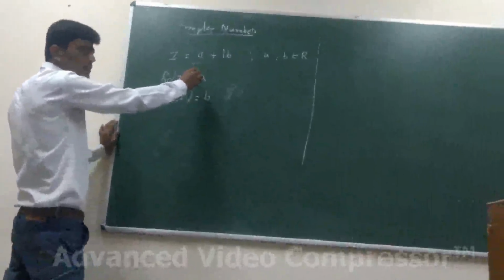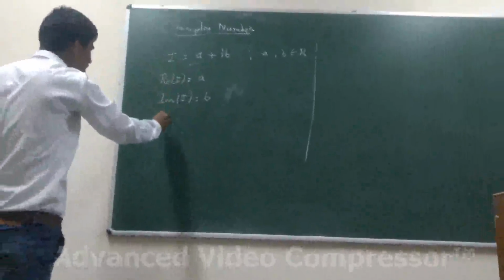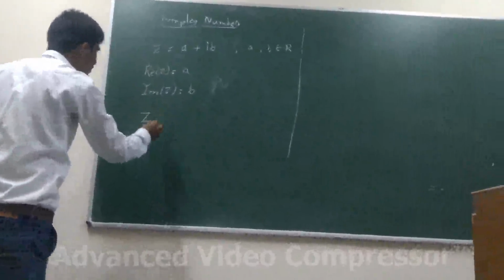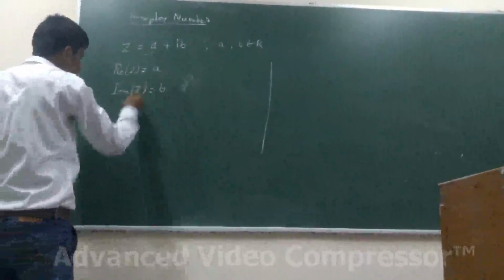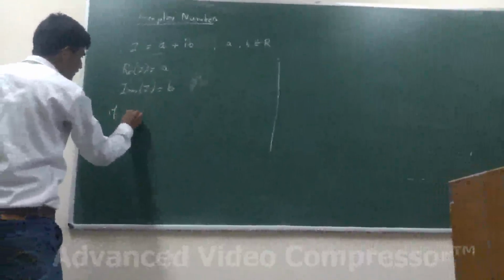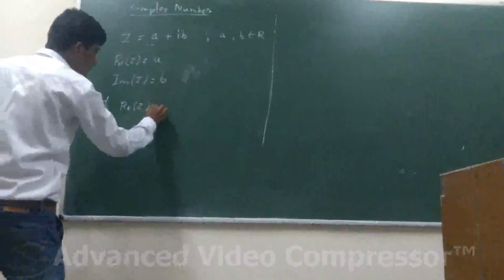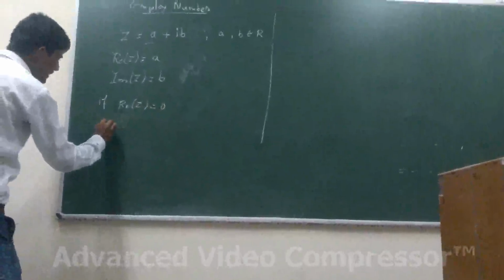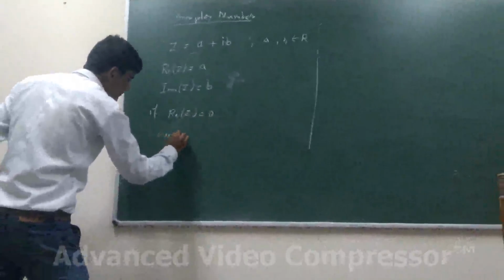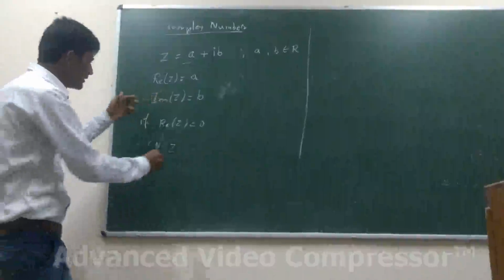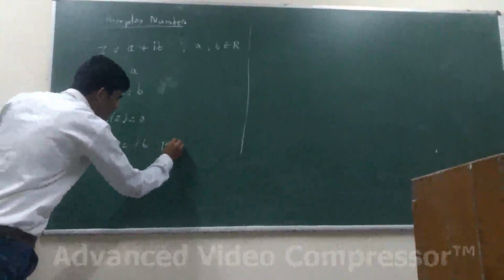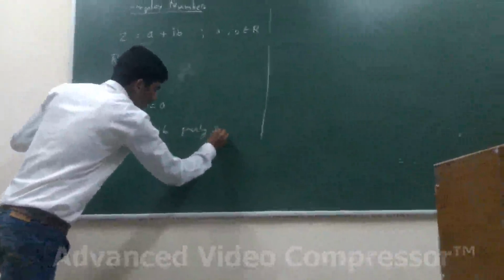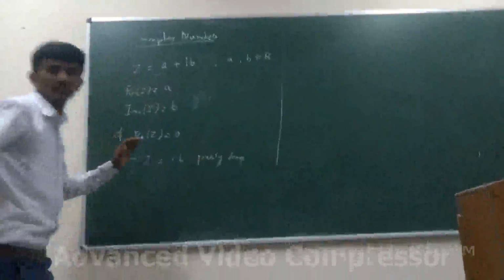If the real part of z is equal to 0, then the complex number z is said to be purely imaginary, okay?